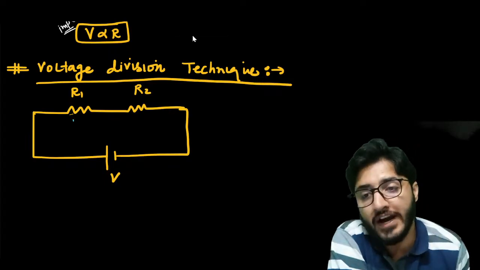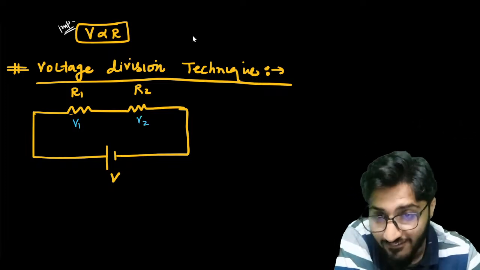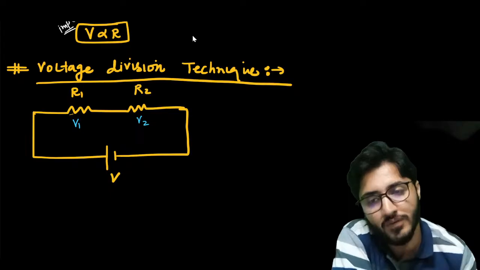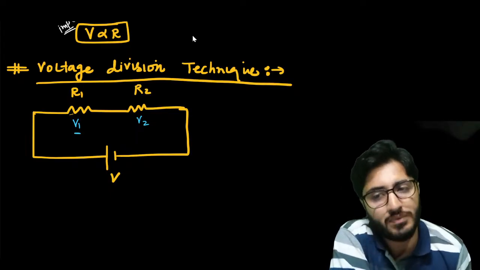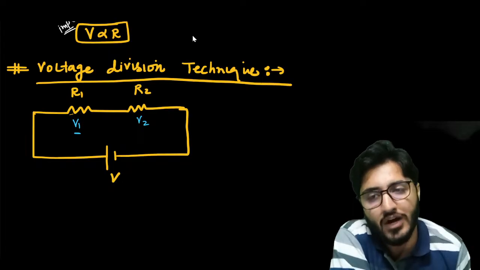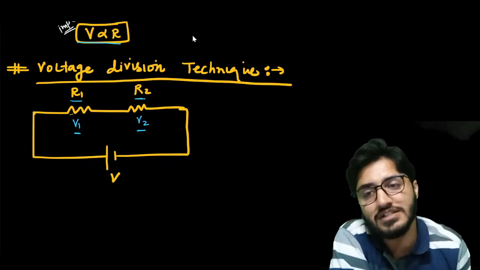If you want to find out V1 and V2, how do you need to find it? Look, V1 means the potential drop across R1, V2 means across R2. What is the relation between V and R? Sir, the relation is directly proportional.